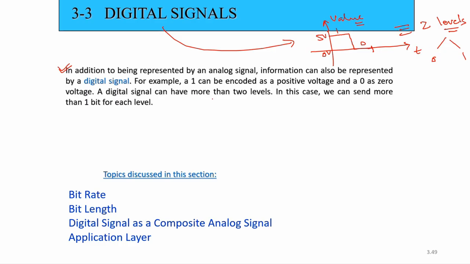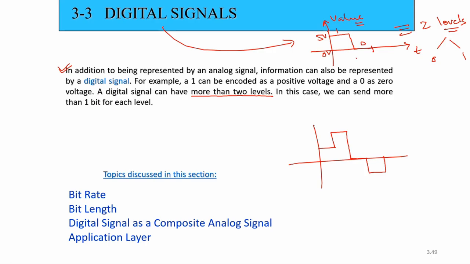But there can be a signal that has more than two levels. For example, level 1, level 2, level 3 and level 4, so 4 levels are there.